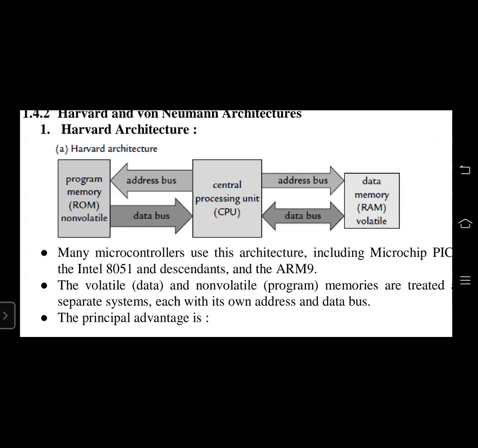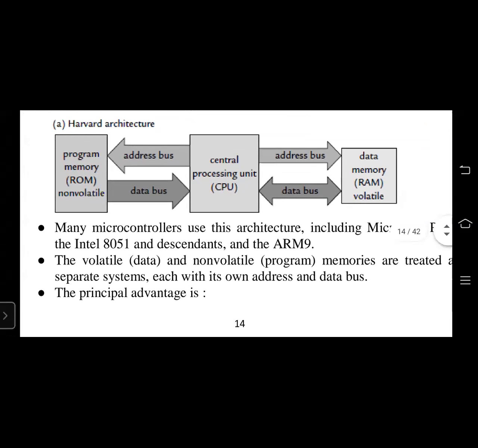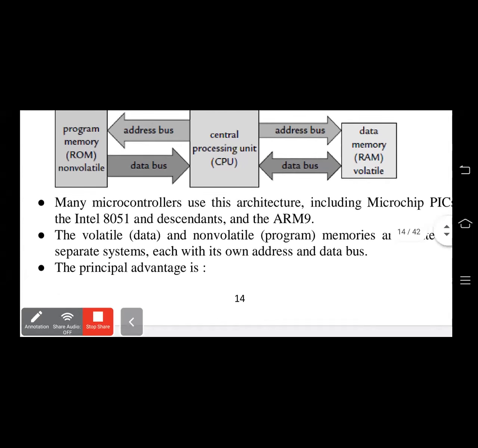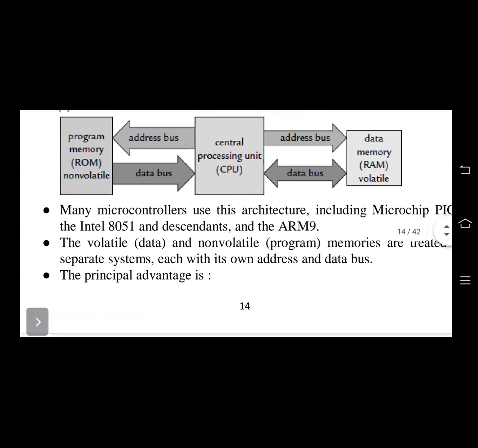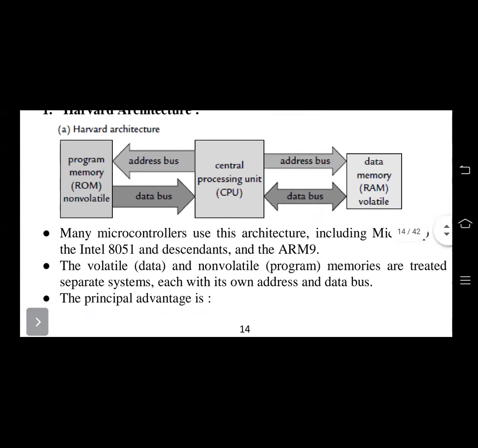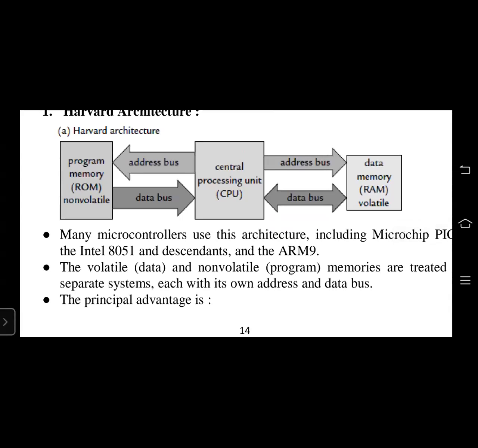Now the volatile and non-volatile. Volatile means the data memory, non-volatile means the program memory. So volatile, you can refer to it as a data memory. Non-volatile, you can refer to it as a program memory. Again, I will tell you why it is like this. Now see, volatile means the data will be lost as soon as the power is off.